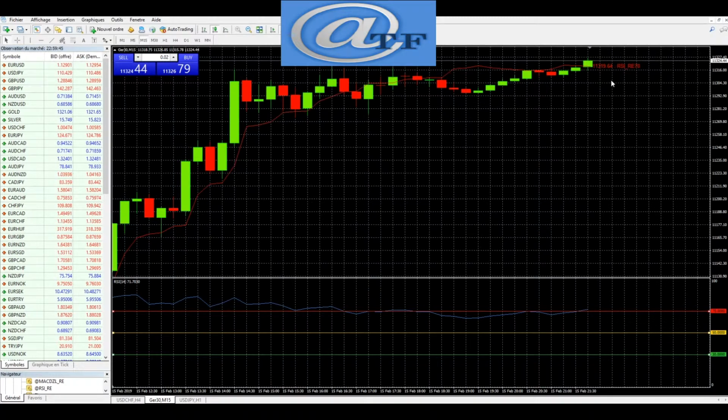As I specified that I want to show the current price, here I know that if I want the RSI to cross down the level of 70 again, the price has to go back to 11,319 on the DAX.